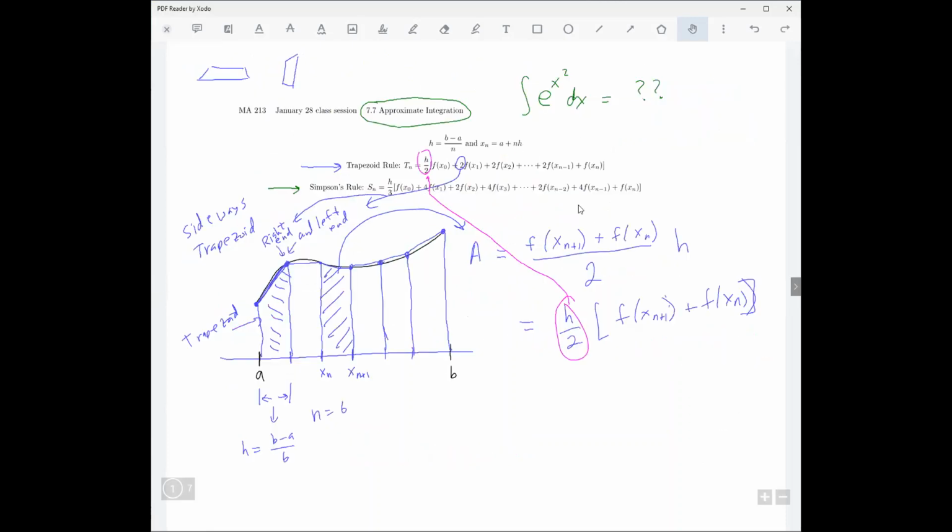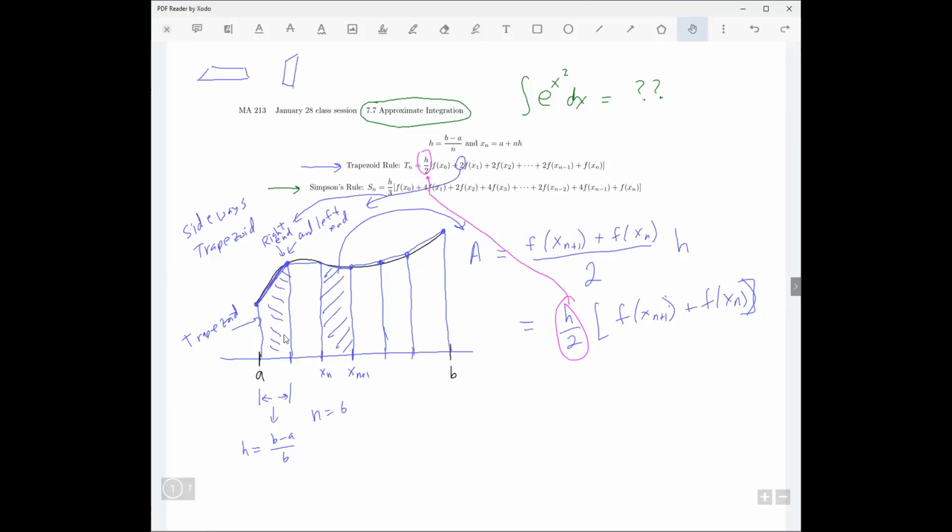Okay, Simpson's rule is kind of interesting. What happens there is very ingenious. Another way that you can think of the trapezoid rule is just taking these 2 points and finding the line that goes through those 2 points, and then finding the integral under that line.